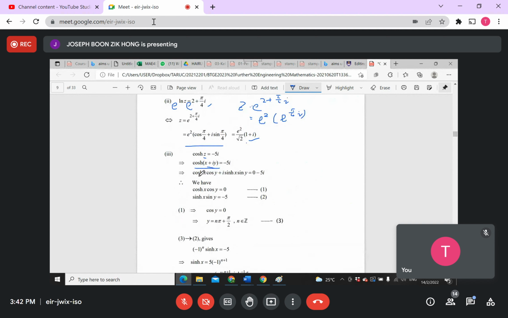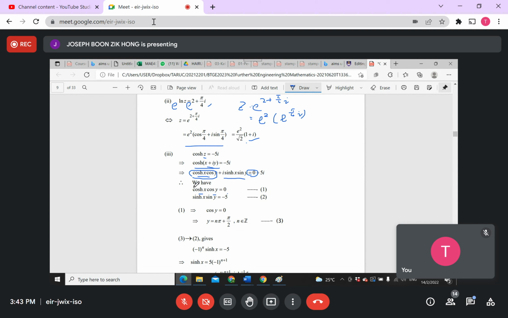If you expand the cos hyperbolic, you will have cos hyperbolic x cos y plus i sine hyperbolic x sine y. And then negative 5i means the imaginary part is not 0. We start with the real part because it equals 0. So cos hyperbolic x cos y equals 0.